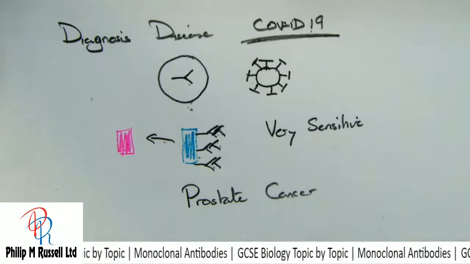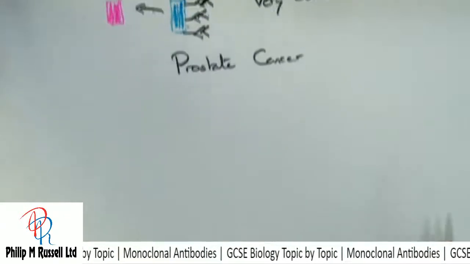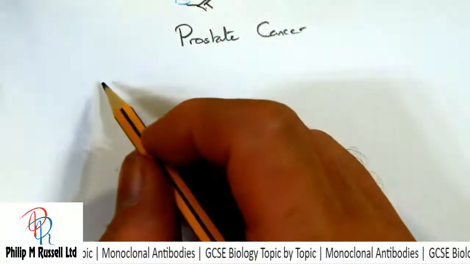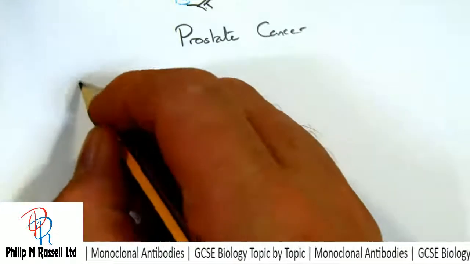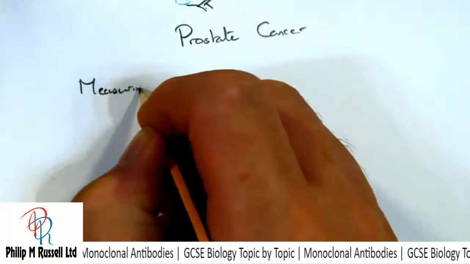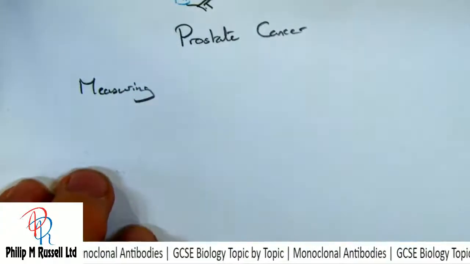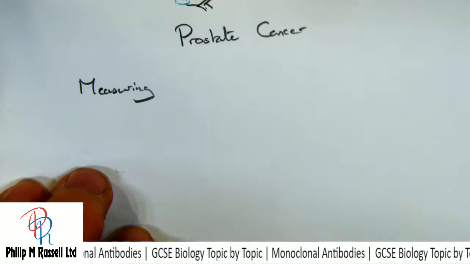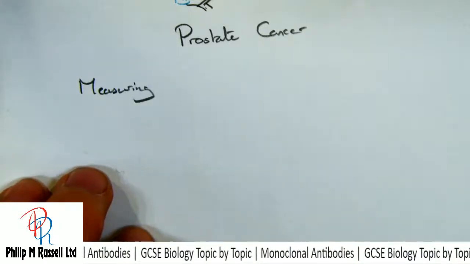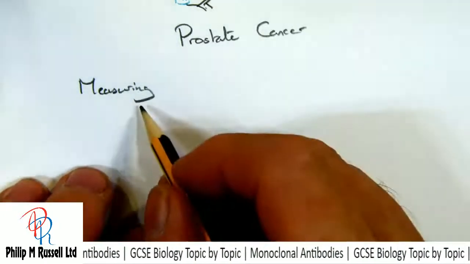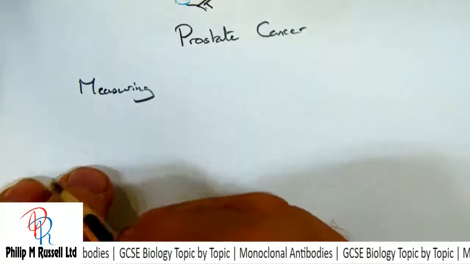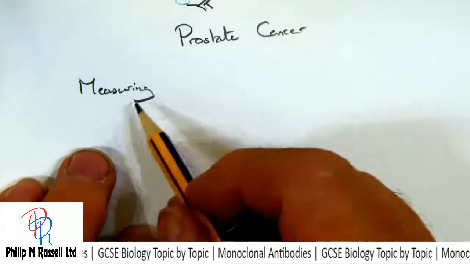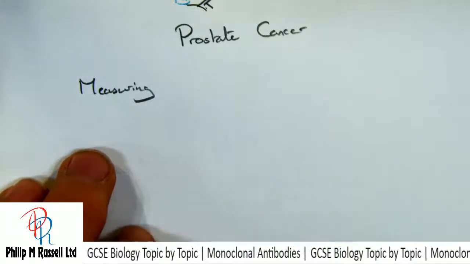We can use all this for various other basic purposes. So we've got pregnancy testing, diagnosis of diseases, but we can use this for all sorts of measuring. We can measure levels of hormones, chemicals in the body. You may have heard of things like clinistix, which are sticks that will go into urine, and they can then be used to measure all types of things.